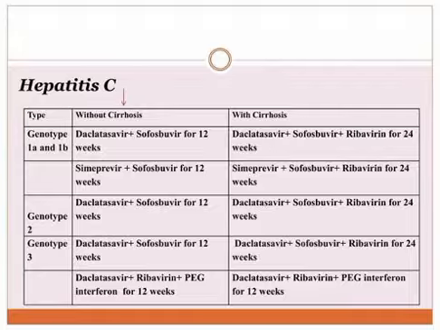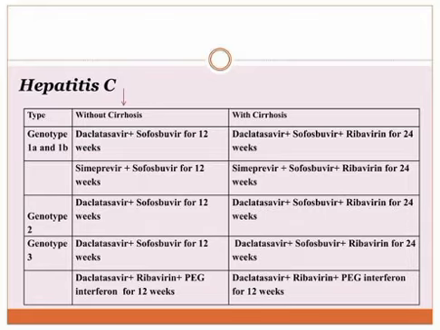For genotype 2, first will be daclatasvir with sofosbuvir for 12 weeks, but with cirrhosis, we have to add ribavirin for 24 weeks. For genotype 3, we have to give daclatasvir plus ribavirin with PEG, polyethylene glycol interferon for 20 weeks.